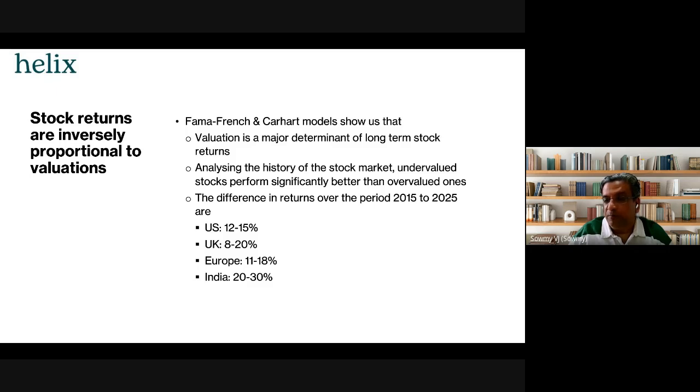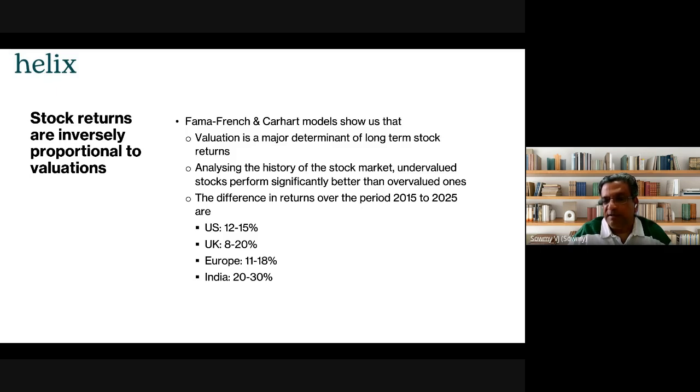Because of that, you have an infinite means of alpha generation. Why is that? That is where this slide comes in. Stock returns are inversely proportional to the valuations, right?